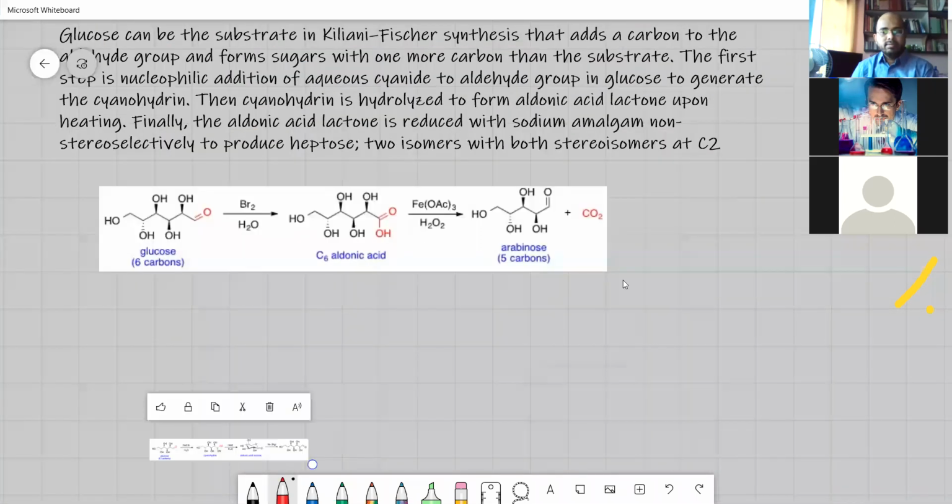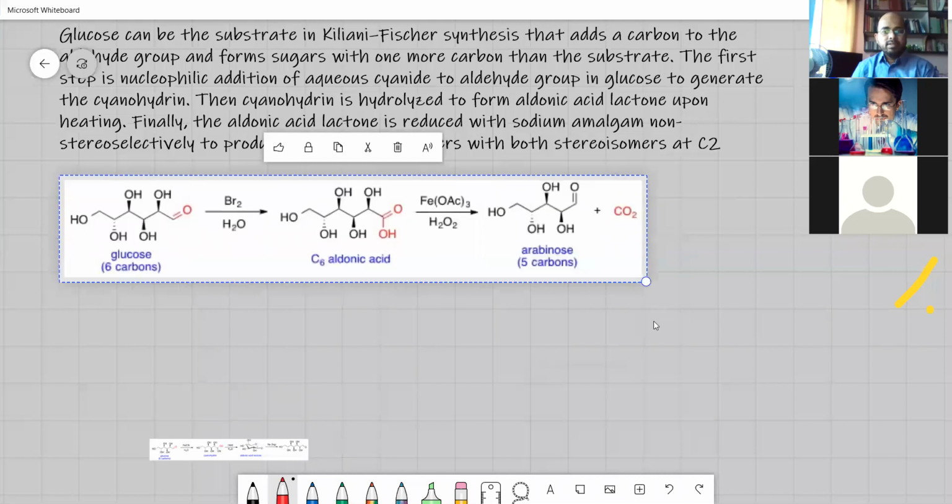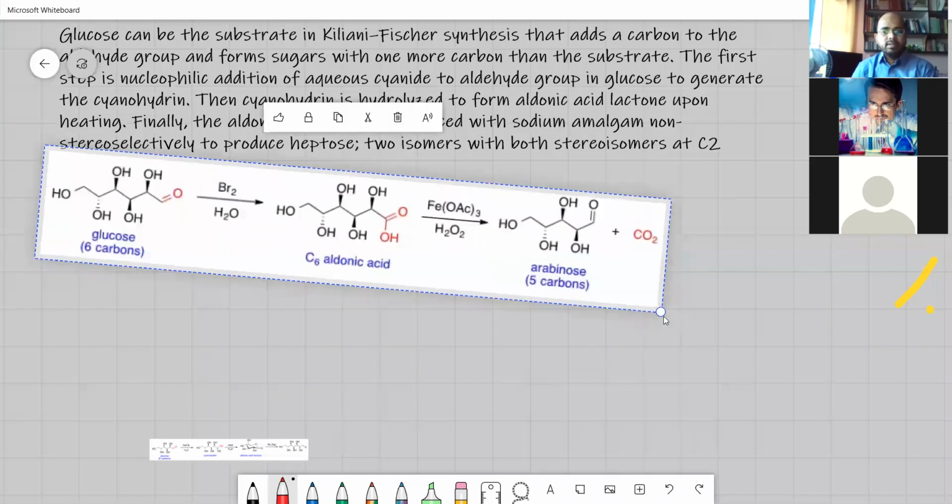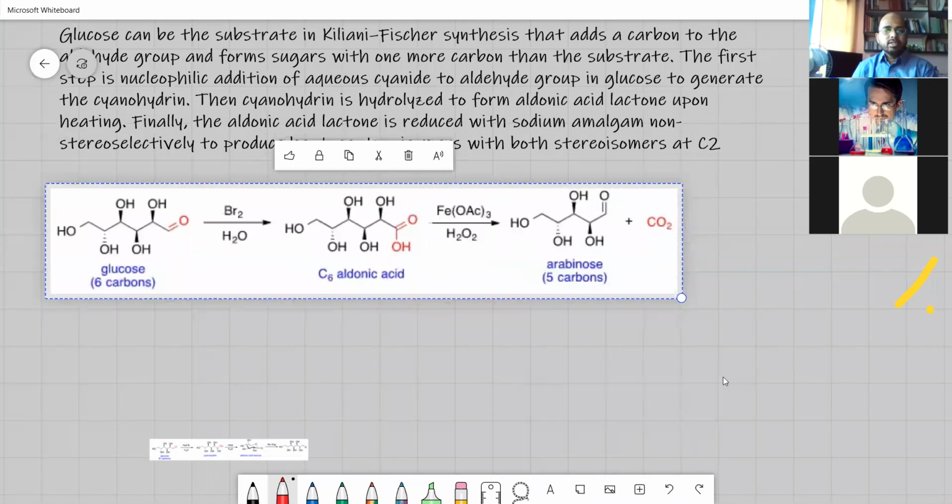You can see this. We're starting with the 6 carbon atom glucose.